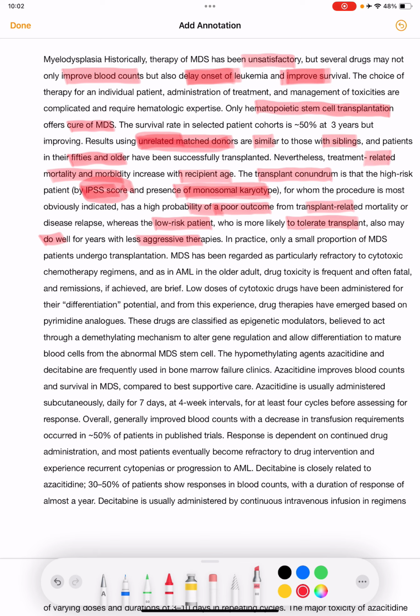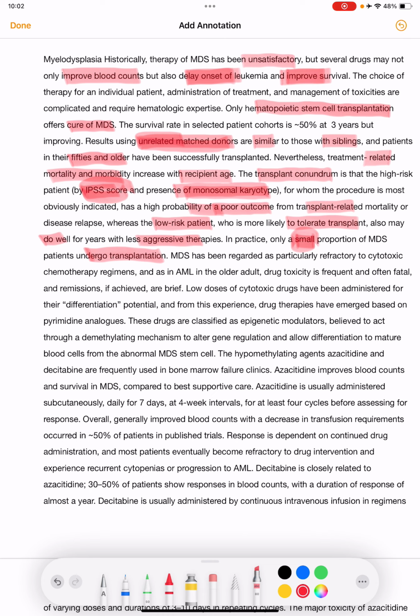In practice, only a small proportion of MDS patients undergo transplantation. MDS has been regarded as particularly refractory to cytotoxic chemotherapy regimens.